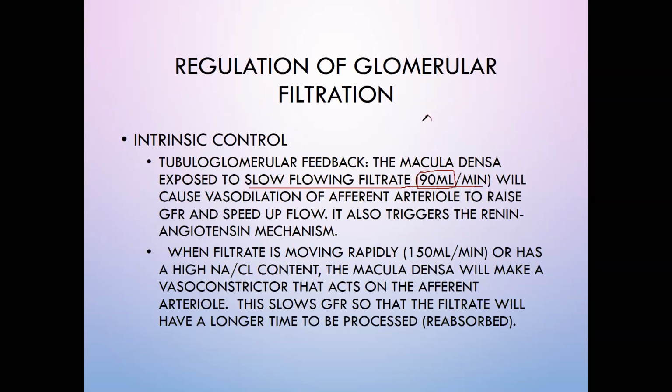So you can see 90 is less than 125. Okay. So we know that the pressure is not high enough to get us to 125. What are we also going to see? Because it's the macula densa, we've got to look for something. And that's not in my notes. It's down here, but we'll put low NaCl concentration.